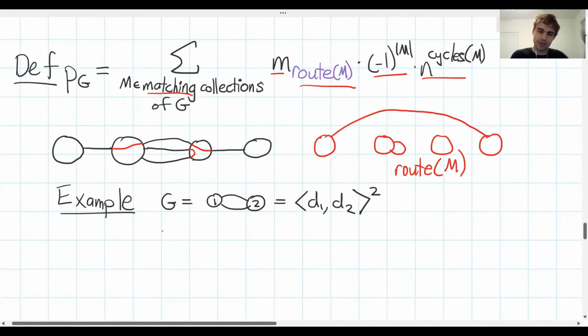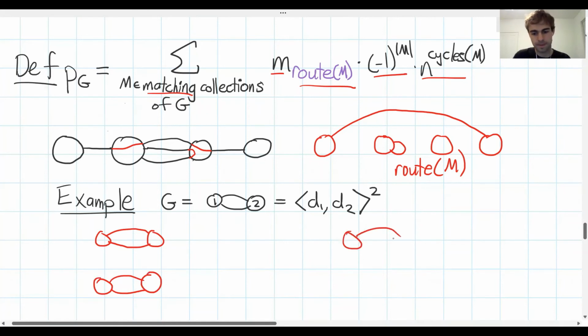So let me give an example of the polynomial for this particular graph G, d1, d2 squared. In this graph, there are 4 possible matching collections. Let me draw them. The first matching collection does nothing. It does not match any of the incident edges at any of the vertices. The second one matches at 1.